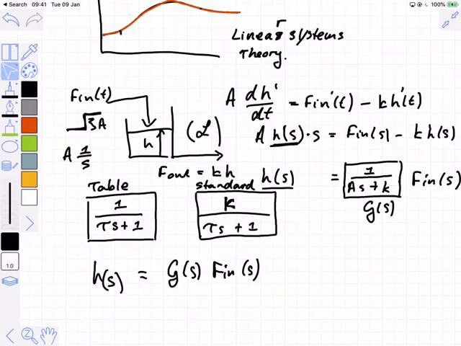So let's avoid confusion with the surface area of the tank and just call this thing something else. Let's call that beta.